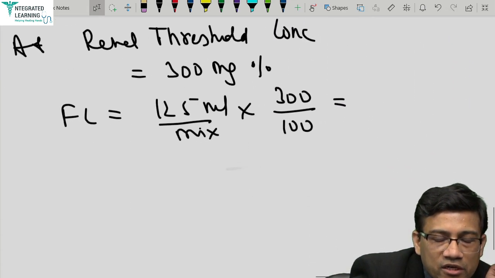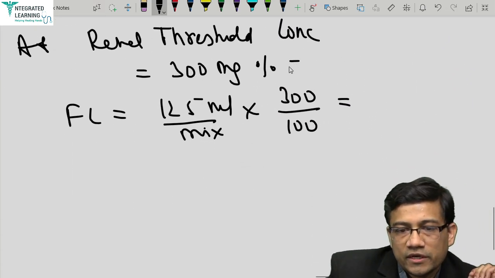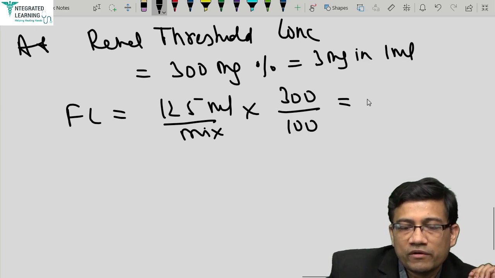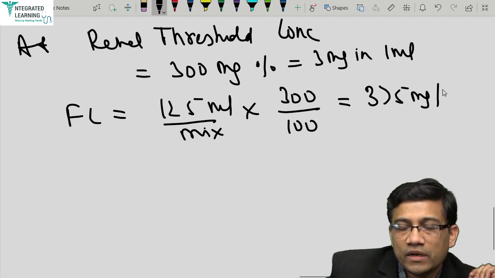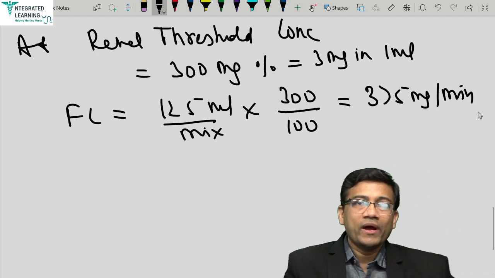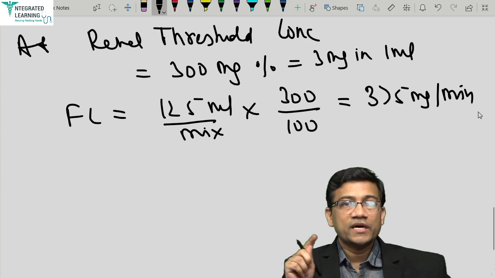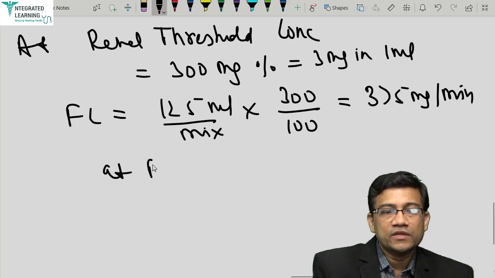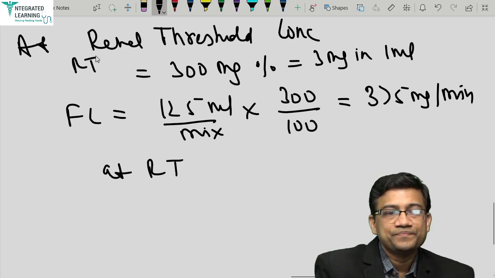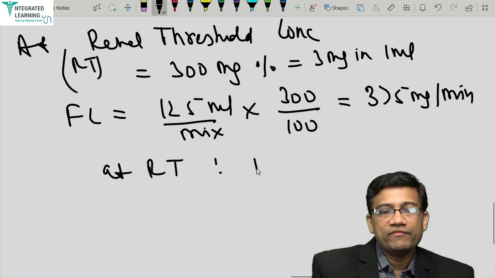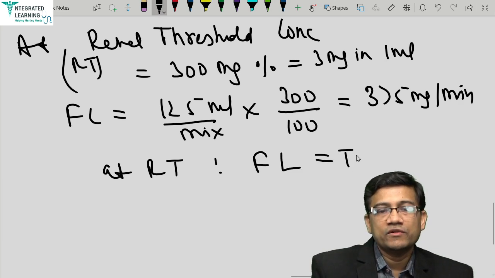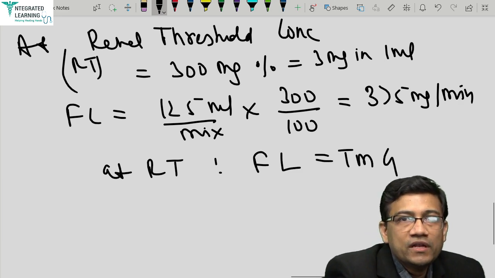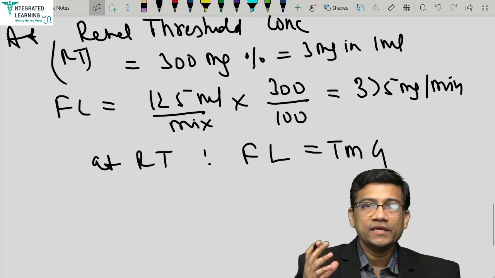At 300 you will get 3 milligram in 1 ml, so 375 milligram per minute. So at the threshold concentration of 300, the FL is 375. At RT, the renal threshold, FL is equal to the TMG value.